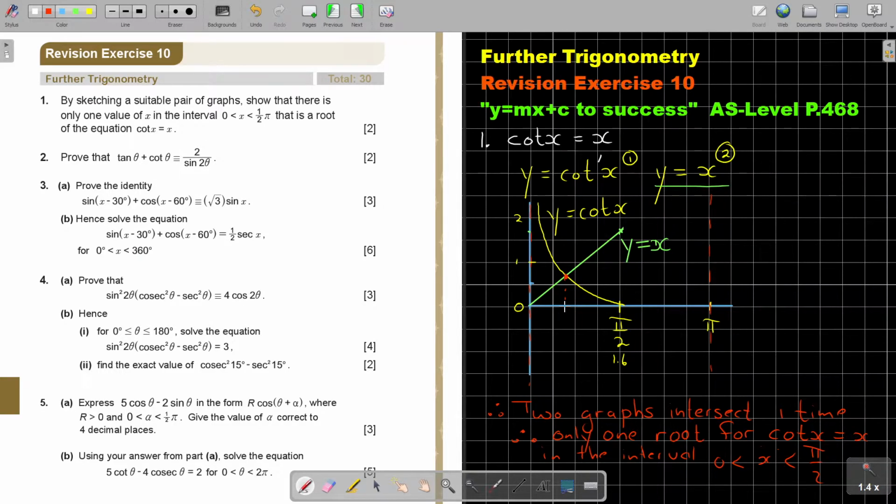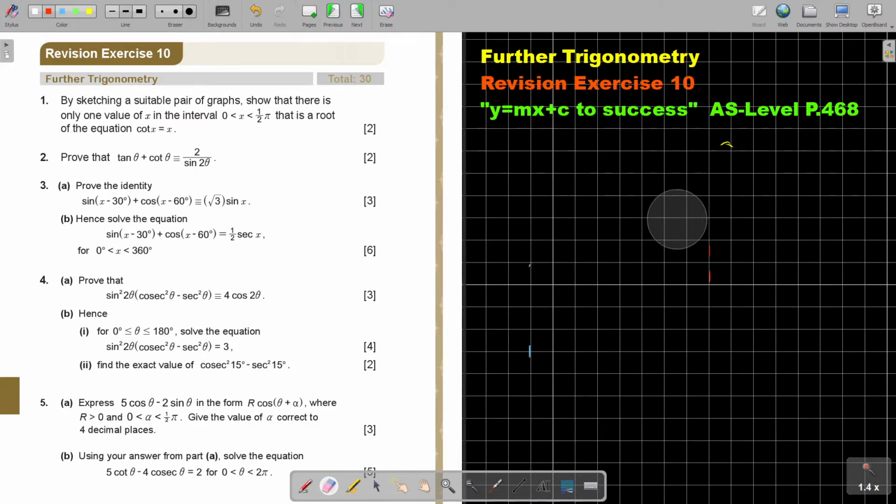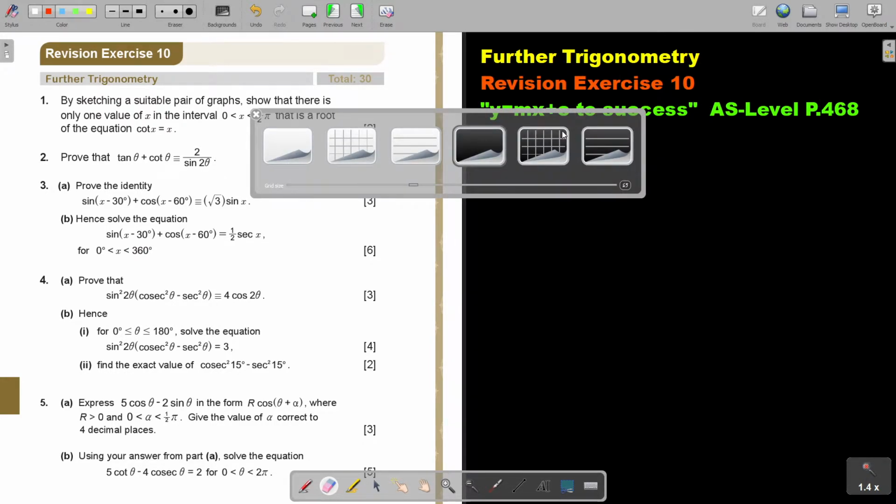Now we start with number 2, and every time I'm just going to make space. Prove that, okay, so this is a typical proof. It's just now going to be with further trigonometry, and I'm just going to get my blank again, and then it will be better.